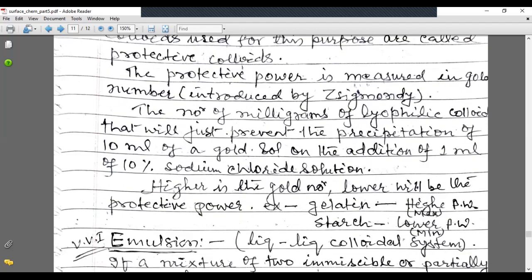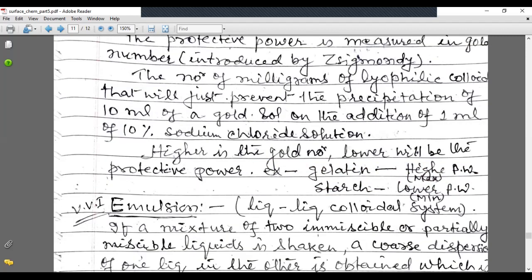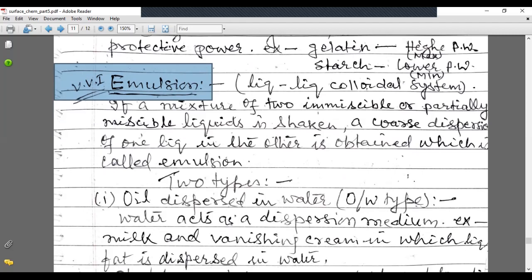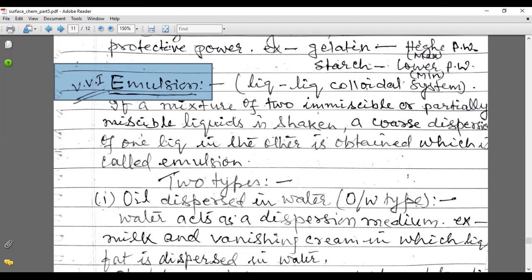Again, we are going to start one more important topic, the last topic of this chapter: emulsion, a liquid-liquid colloidal system. If a mixture of two immiscible or partially miscible liquids is shaken, a coarse dispersion of one liquid in the other is obtained, which is called an emulsion.